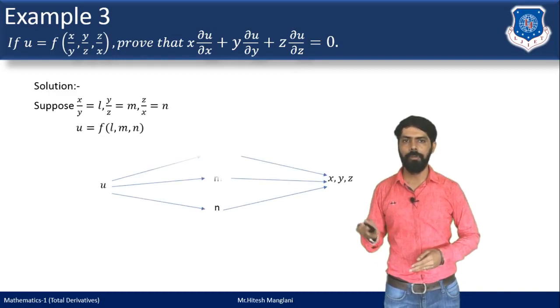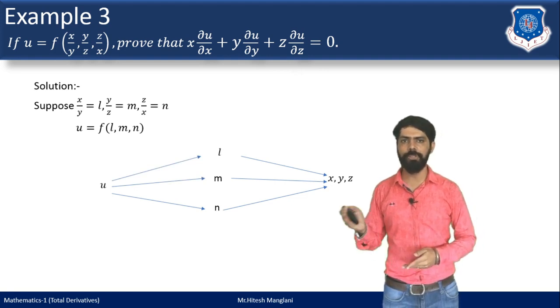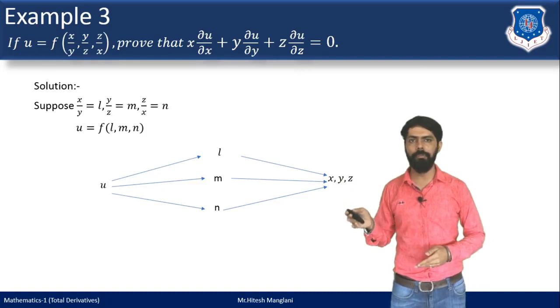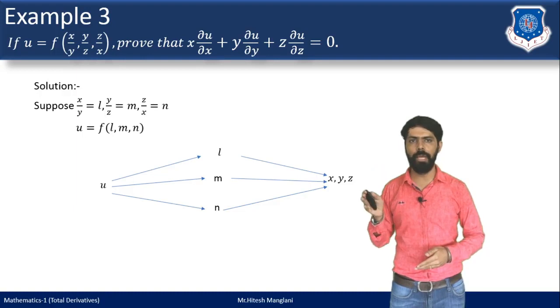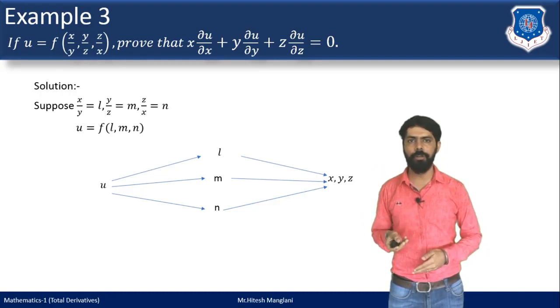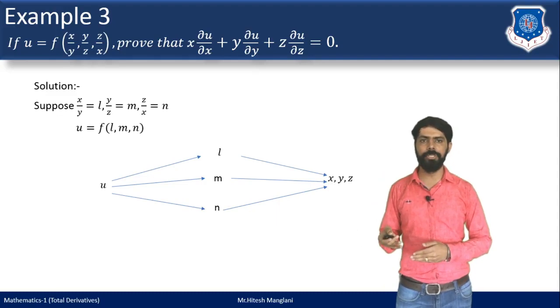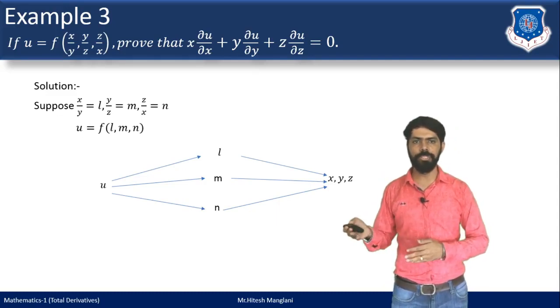If we draw the diagram, you can see that u is a function of L, m and n, and L, m and n are functions of x, y and z. Here, first of all, we will find del u by del x. You know how to write del u by del x from this diagram.